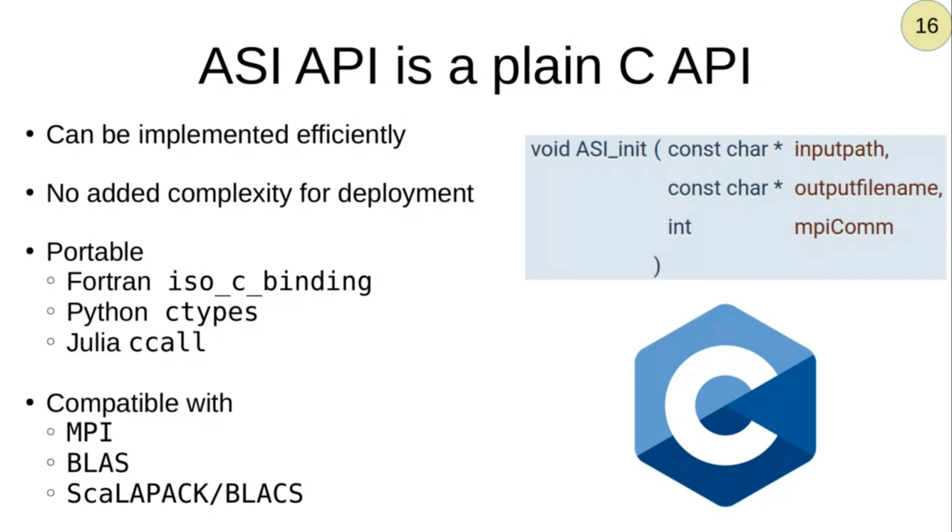Such an API does not add complexity for deployment, so you don't need to introduce dependencies on external libraries. It is portable. Probably every language today has tools for interoperability with C libraries. It is compatible with crucial libraries of high-performance computing, such as MPI, BLAS, and BLACS.